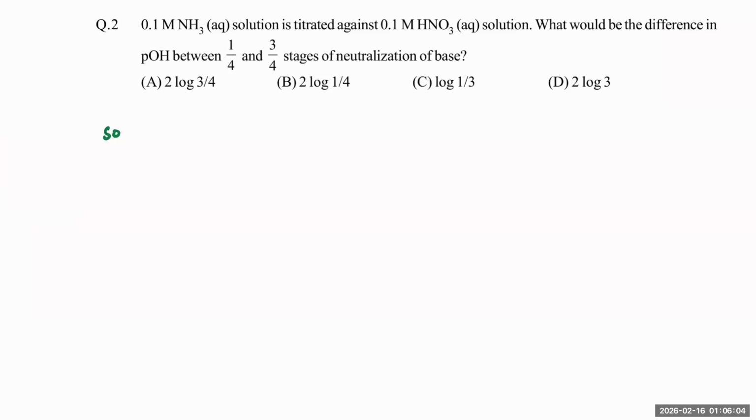Suppose I have aqueous ammonia, treating with HNO3. So we know that this will become ammonium nitrate. This is the product you will get. Here I should have 0.1 molar into certain volume, and this has to be 0.1 molar into volume here.